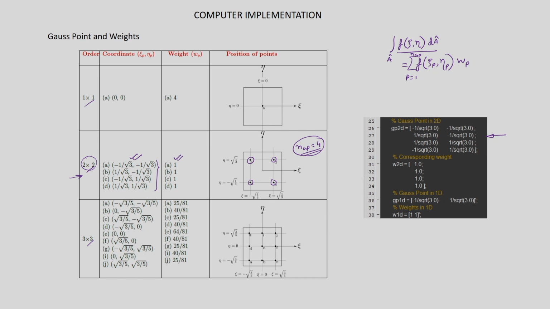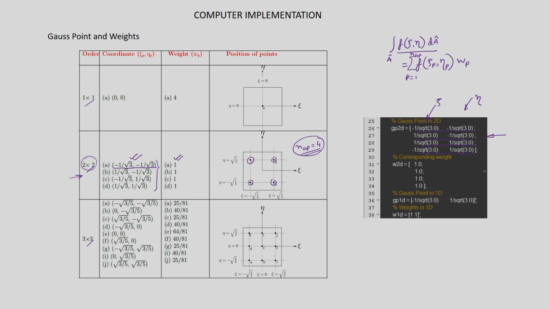Here you see the first row denotes the first Gauss point, where the first entry is xi and the second entry is eta. So, the first row is xi 1, eta 1, the second row is xi 2, eta 2, the third row is xi 3, eta 3, and xi 4, eta 4. That is how it is saved in the given code.